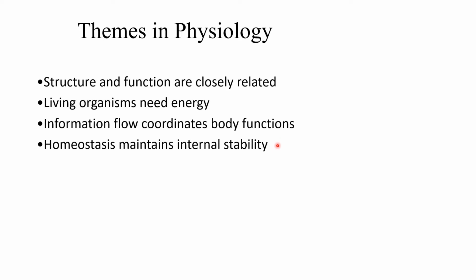Another theme, and that's what we're going to mainly focus on today, is the idea of homeostasis. Homeo actually means similar, and stasis means condition. So homeostasis is the condition of basically staying internally stabilized, meaning that for a lot of things within our body, it has to stay within a normal range.